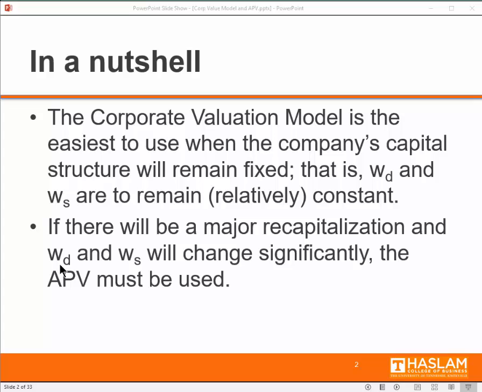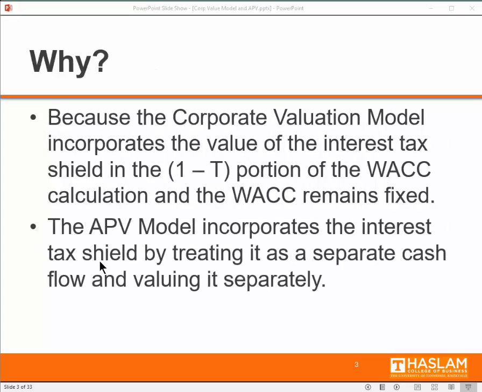And if there is a major recapitalization, that means the percentage of debt and the percentage of equity are going to change significantly. And in that case, the corporate valuation model is not appropriate and the adjusted present value must be used.